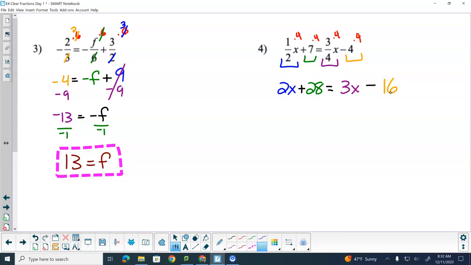Which way do you want variables to go? To the left or to the right? To the right. Okay. We want our variables to go to the right. So we're going to go minus 2x here. Now, why did I choose to go to the right there? It would have been a negative x. Yep, exactly.